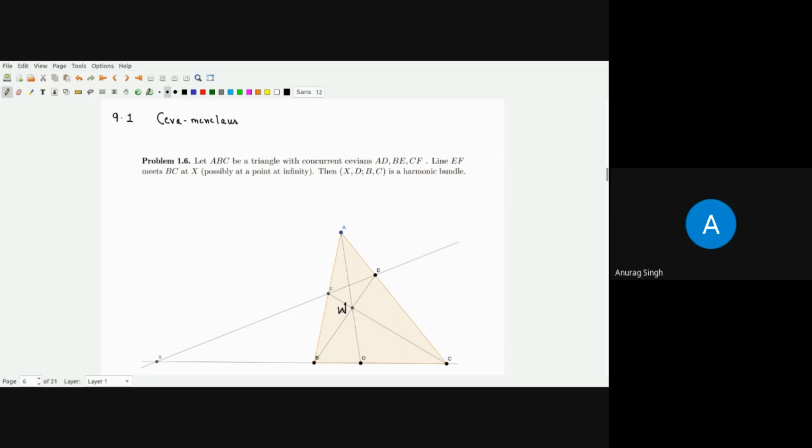It is enough by some lunches then. It's enough by some length chasing too. I guess I have done it. Why is length chase? It's not length chase, no? He said length chase, this is using Ceva's and Menelaus's theorem. Yeah, but that's not the official, not the correct solution.